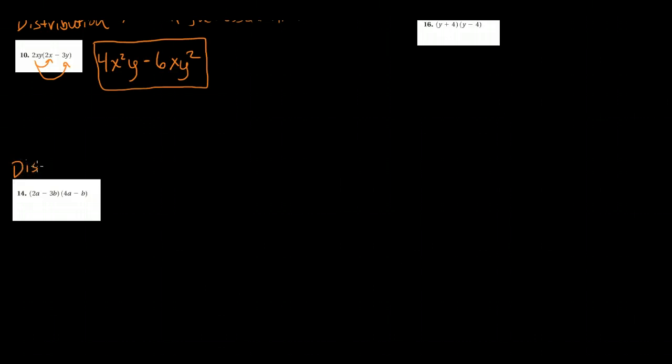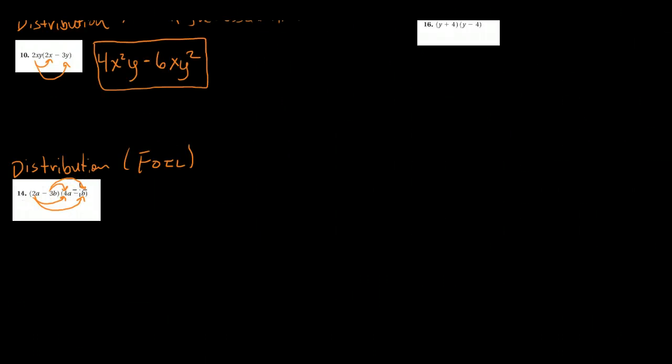And I always want to think of this as distribution, although some of you may remember from high school your teacher saying FOIL, where you do the first, the outer, then the inner, and the last. I also call it the crab claw. But it's really only specific to when you're doing a binomial times a binomial.